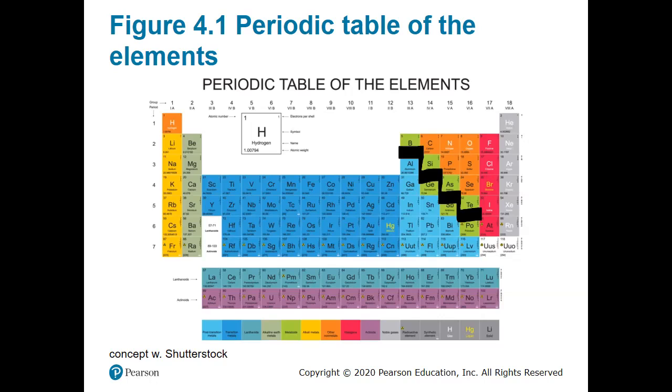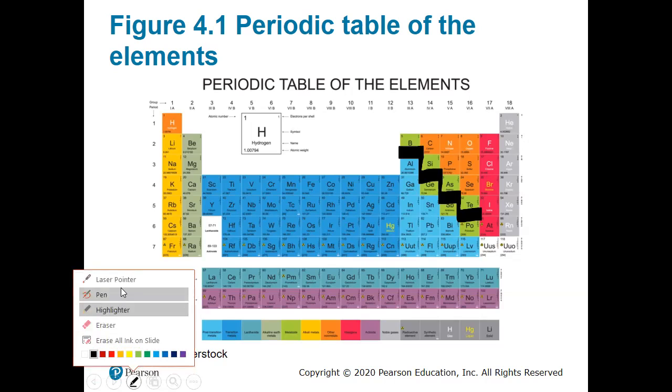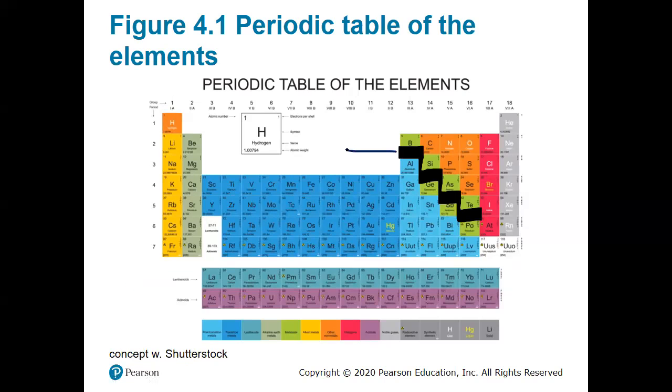That line represents the division between the metallic elements and the non-metallic elements. Over here on this side of the table, we have our metals. Over here on this side of the table, we have our non-metals. The elements on the line itself, which in this table here are the green ones, these are the metalloids. The ones that have similar properties to both metals and non-metals.